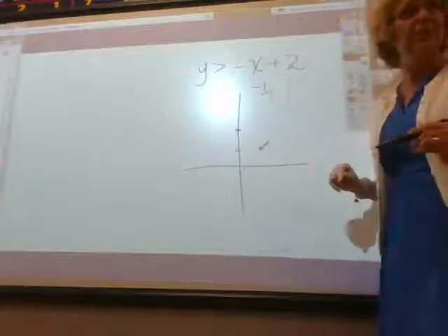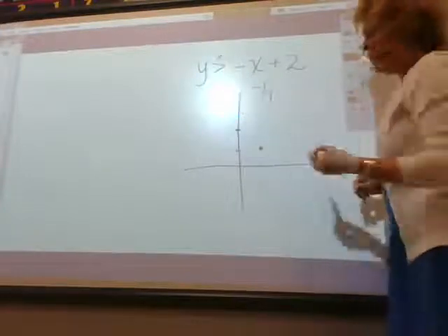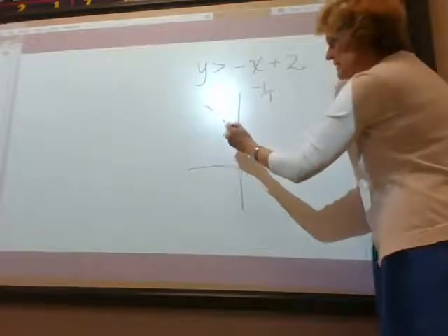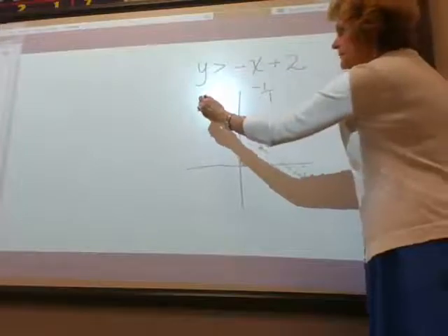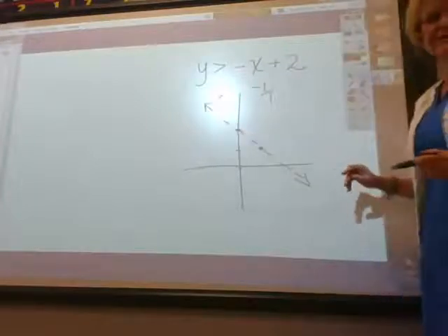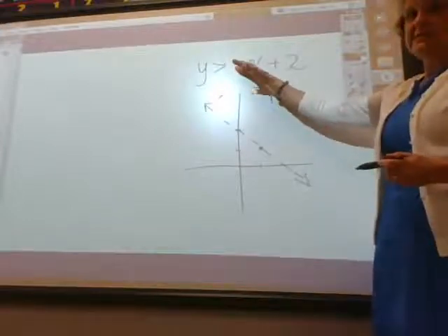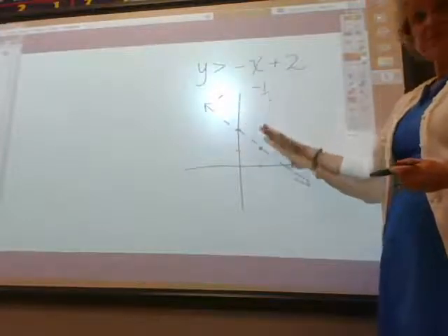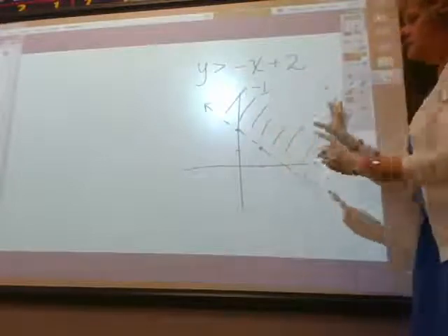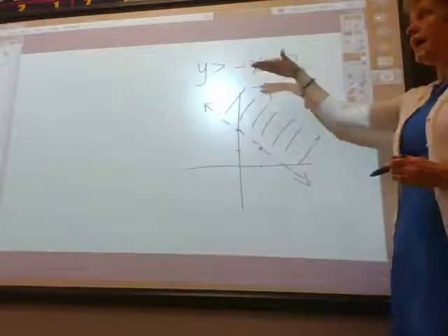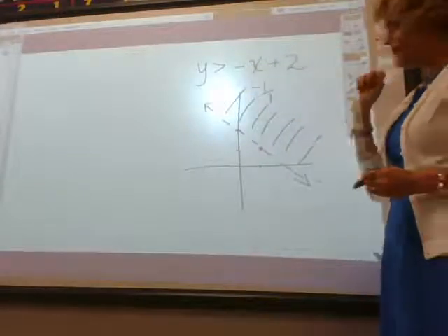There's my second point. All right. Now, it is greater than. So I'm going to do a dashed line. So it's dashed, not solid. And I want to shade greater than. So I'm thinking I want to shade above it, because I'm including any number in this region that will be true for this inequality.